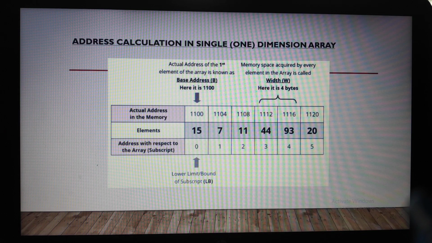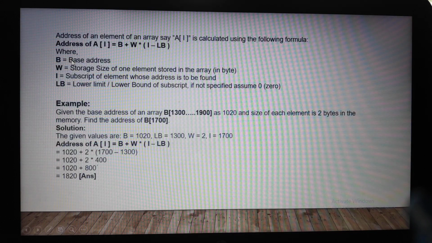To calculate the address of a particular element in a single dimensional array, we follow this formula: b plus w into (i minus lb), and the address of the element that we want to find is ai.